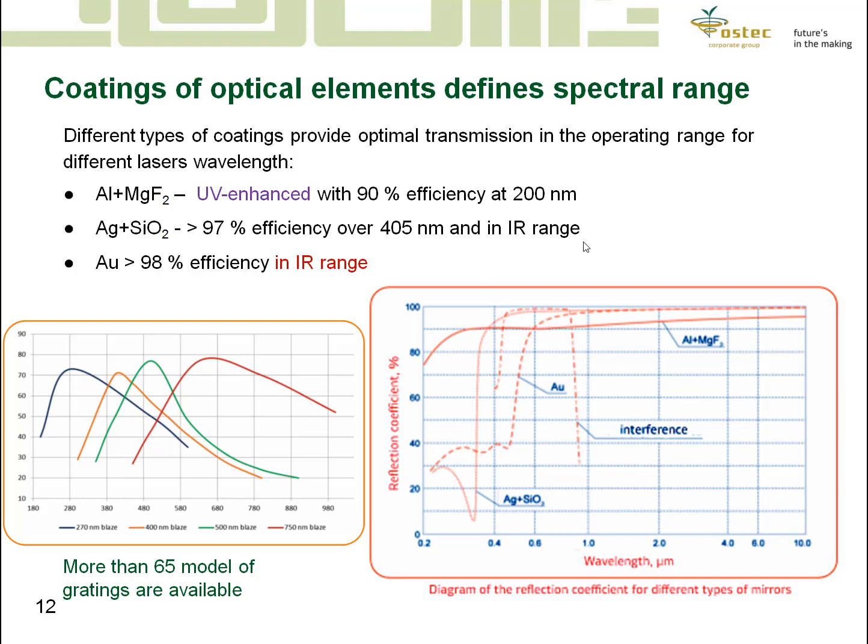And when we talk about the infrared region, then of course gold coating is preferable. And the selected grating also improves the efficiency. So different gratings are optimized for different spectral ranges, and it allows us to improve the signal for selected excitation lasers.